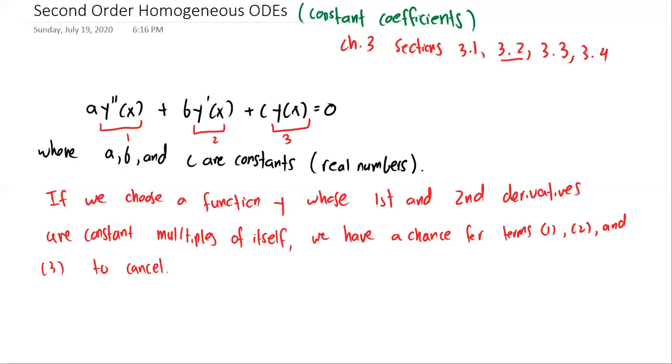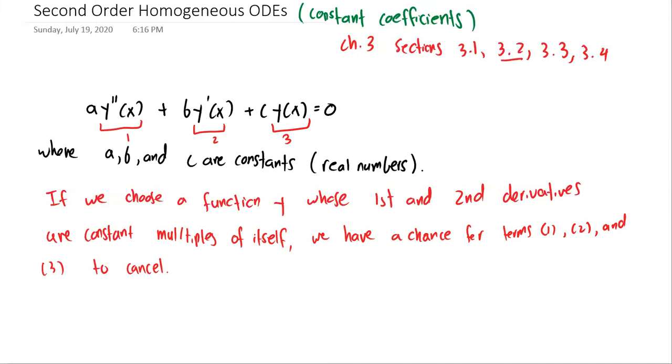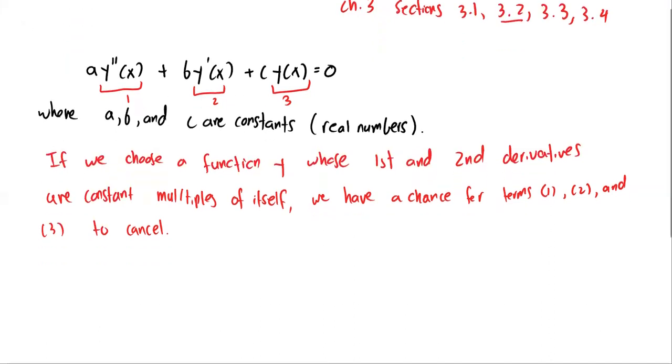So why is this the case? Well, it's kind of obvious if we go through the work, right? So suppose we choose a function y whose first and second derivative is a constant multiple of itself. So we don't know what the function is, but we can write that. What that means mathematically is that we want a function such that y prime is, let's just use c1 times y. So I want its first derivative to be a constant multiple of itself.